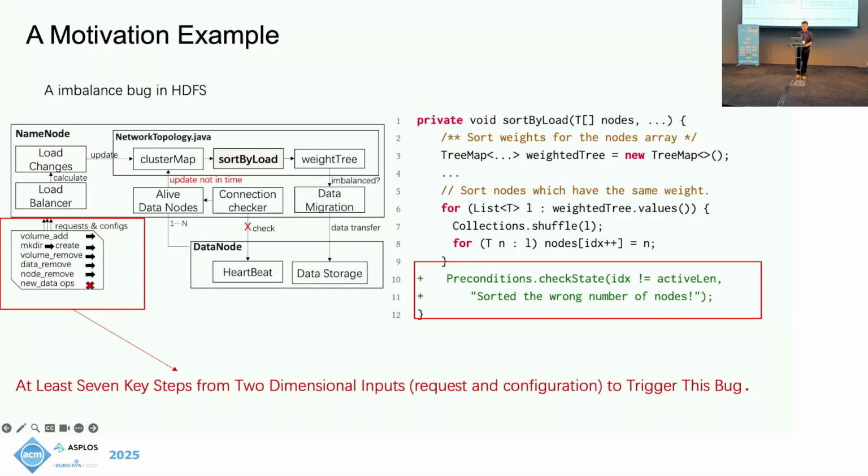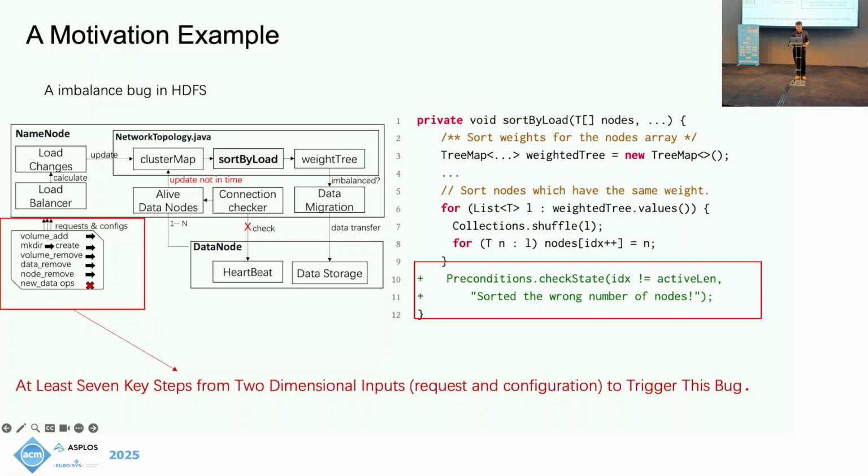Here we select a motivating example to show how we did that and why existing tools fail. Here is an example of an imbalance bug in HDFS, where some incorrect data distribution calculation led to service unavailability. This bug is hidden in a deep path. To trigger this bug, at least 7 key steps should be executed.